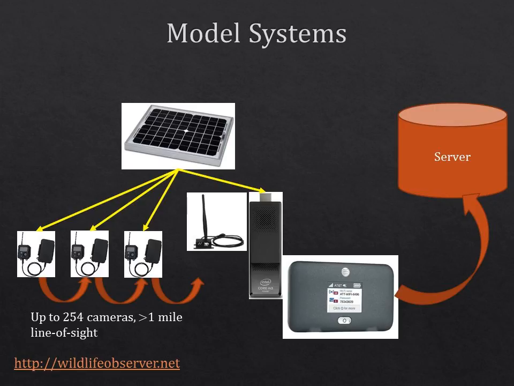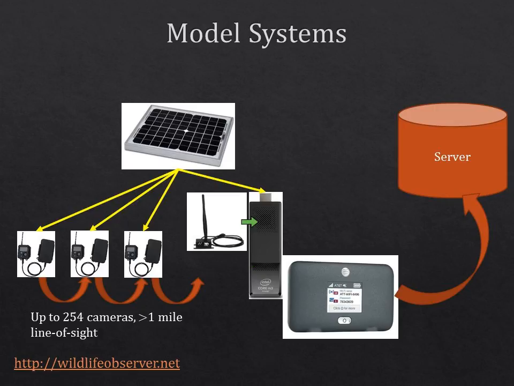The way that we adapted this, partly to reduce costs and partly to reduce the amount of space it took to accommodate the field computing, and this was from a security point of view, is this. We have a series of cameras. They communicate with the base station, but now this antenna, instead of being connected to a larger field computer, is connected to a very small Intel compute stick.